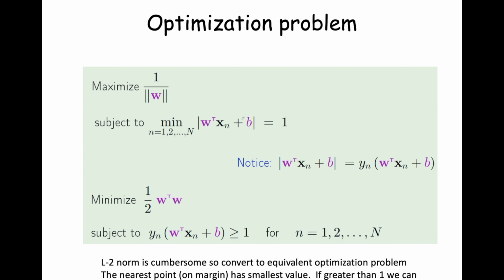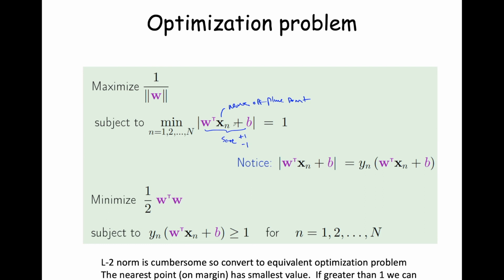And if it's exactly equal to 1, because we're taking the magnitude, this is the score. And we're saying we want the score associated with this nearest off-plane point to be exactly 1, either plus 1 or minus 1. And through the absolute value, it's exactly equal to 1.